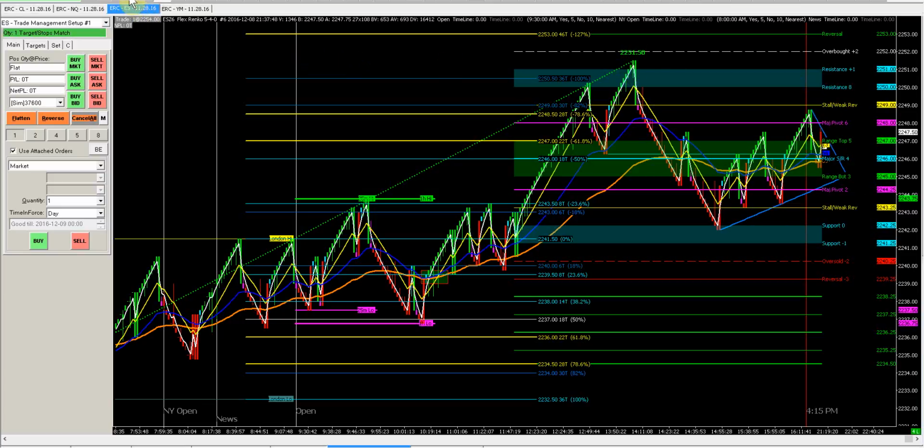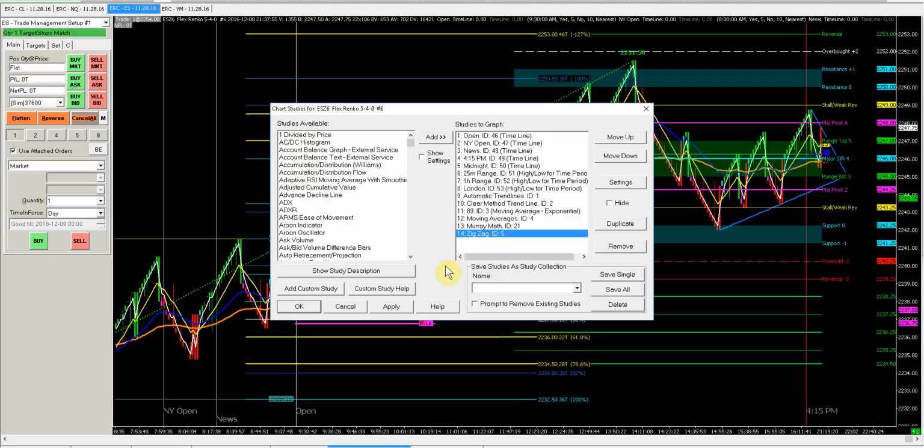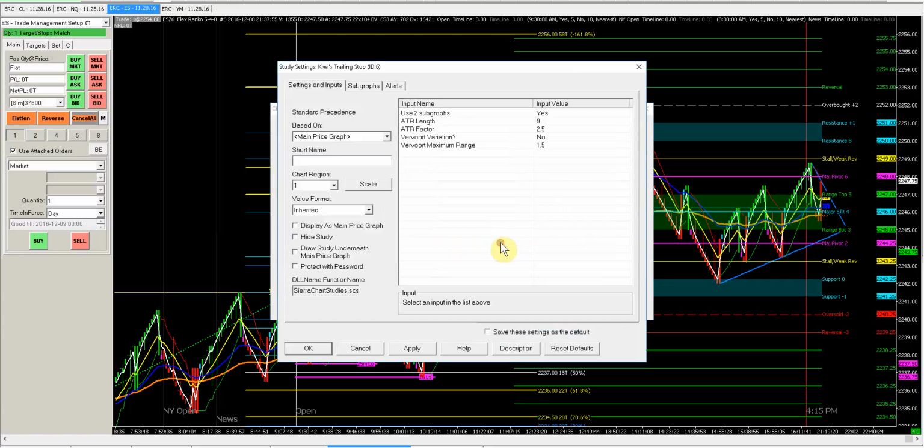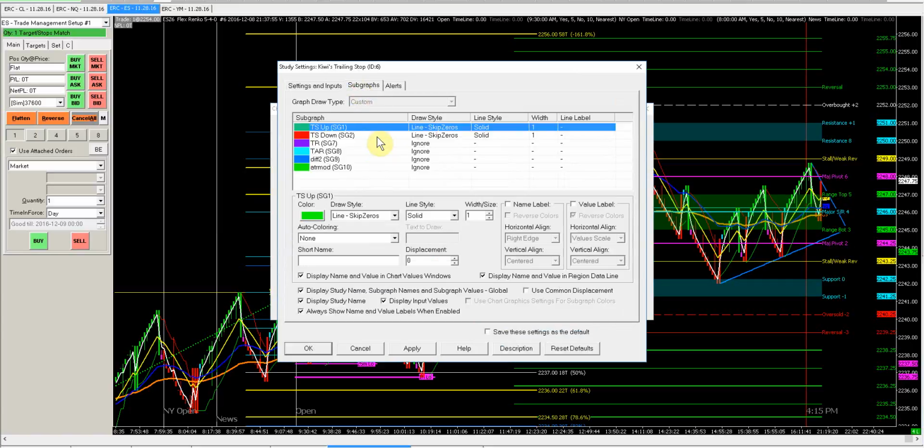The second thing I like to put on there is called a Kiwi trailing stop. There it is, Kiwi's trailing stop. Okay, I've got those 2 on there.